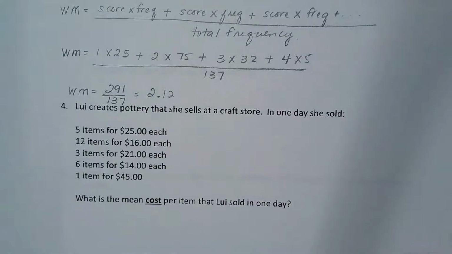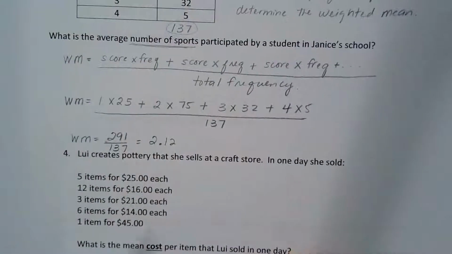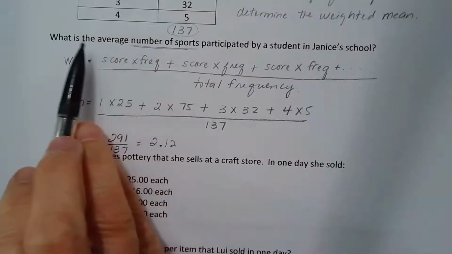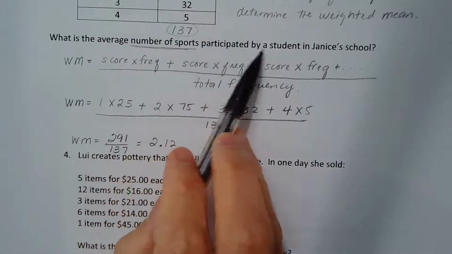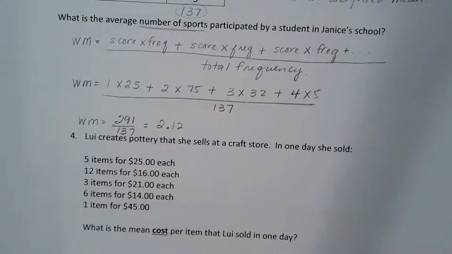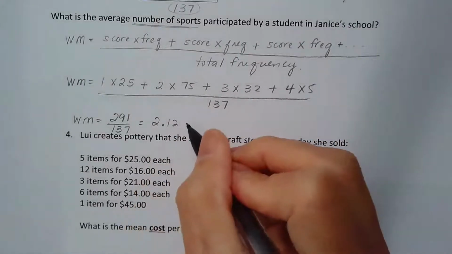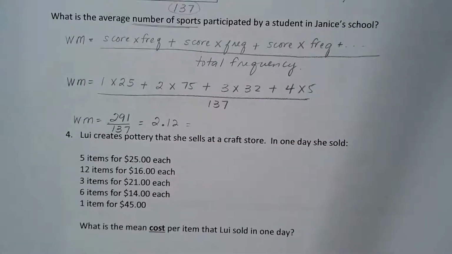Okay, now let me go back again. What is the average number of sports participated by students? Number of sports. So when you look at this one here, my answer is 2.12, but we're talking about the number of sports. Number of sports is either one sport or two sports or three sports or four sports and so on.